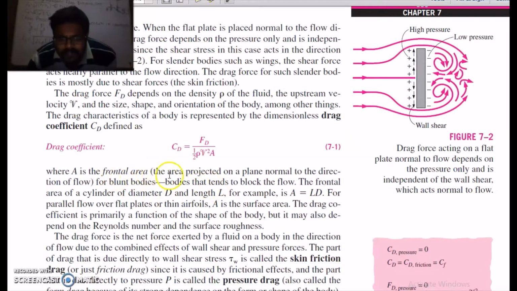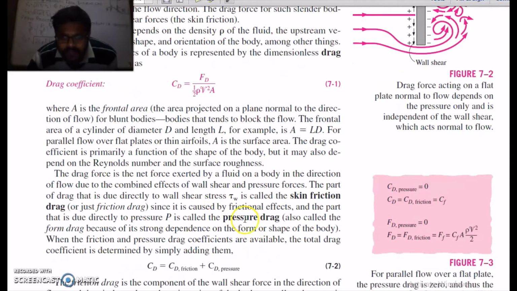A is the frontal area for blunt bodies that tend to block the flow. The frontal area of a cylinder of diameter D and length L can be expressed as LD. For parallel flow over flat plates or thin airfoils, A is the surface area. The drag coefficient is primarily a function of the shape of the body, but it may also depend on Reynolds number and surface roughness.